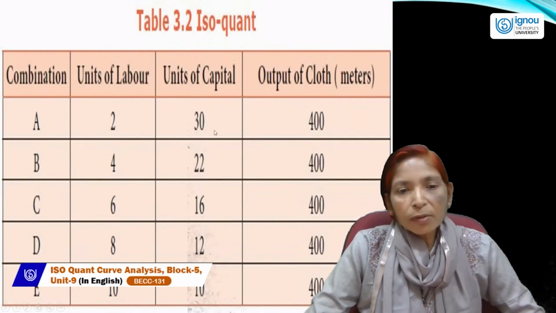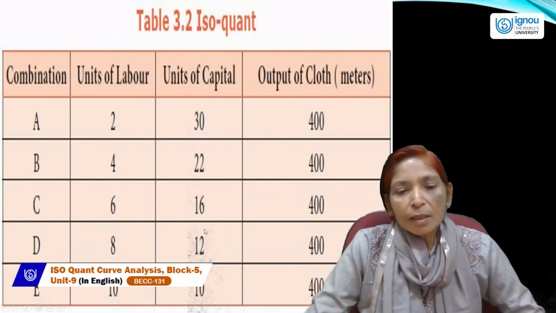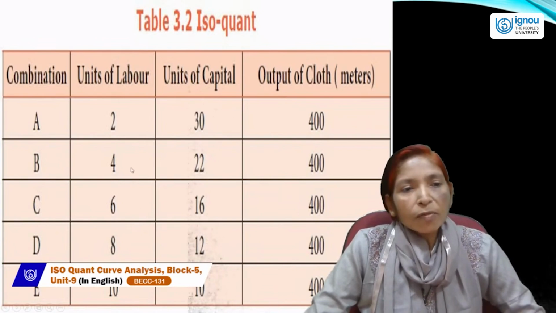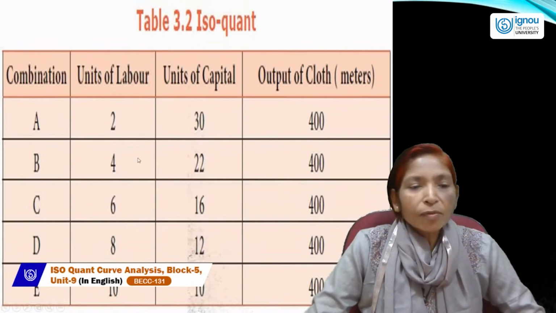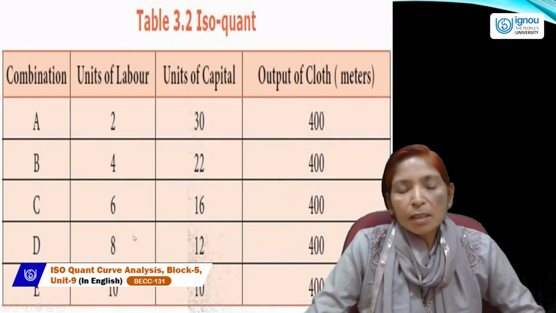The fall in units of capital is 30 to 22, where the gap is 8. And 22 to 16, here the gap is 6. 16 to 12, the difference is 4. And 12 to 10, the difference is 2. It means we are increasing units of labor by the same amount, 2, 4, 6, 8, 10.